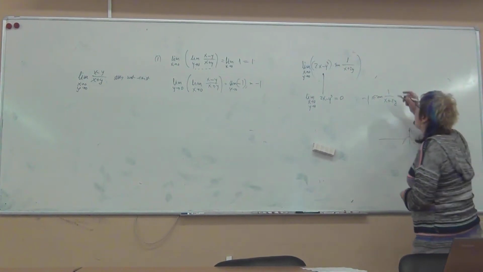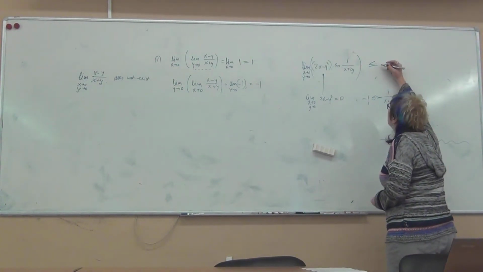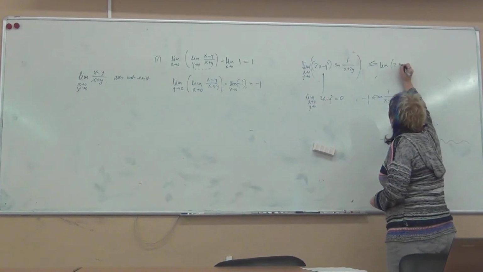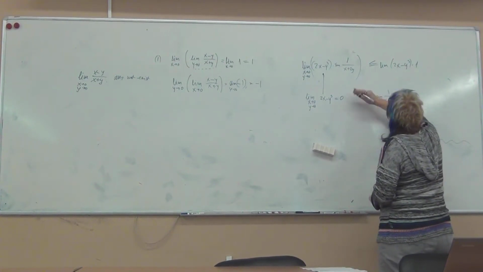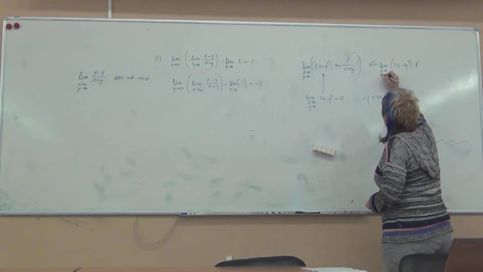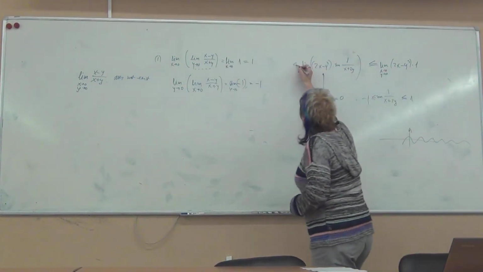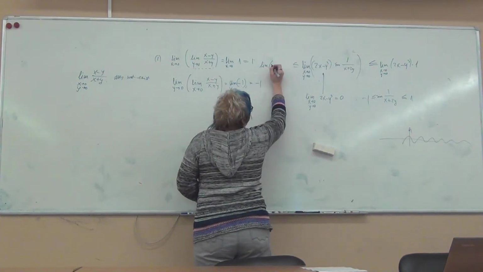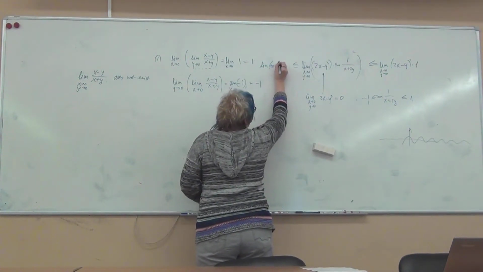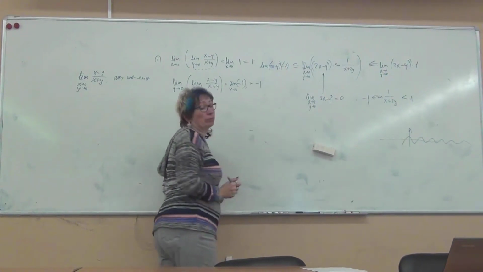This limit is obviously less than the limit of (2x minus y) cubed times 1 when x tends to 0, y tends to 0. On the other hand, it's greater than the limit of (2x minus y) cubed times minus 1.